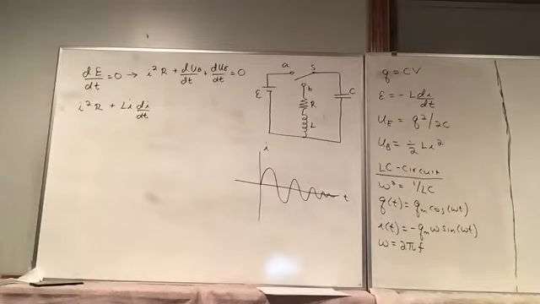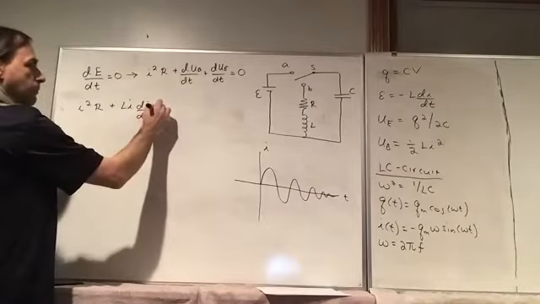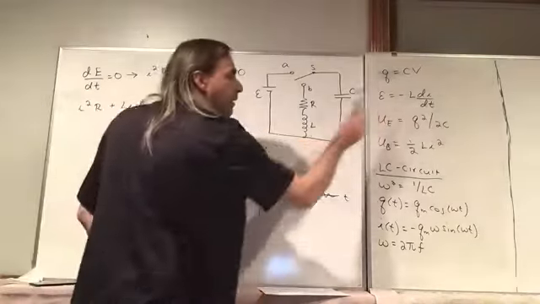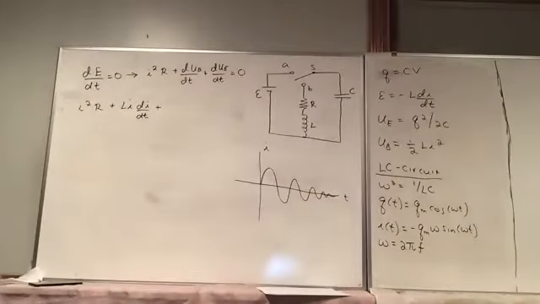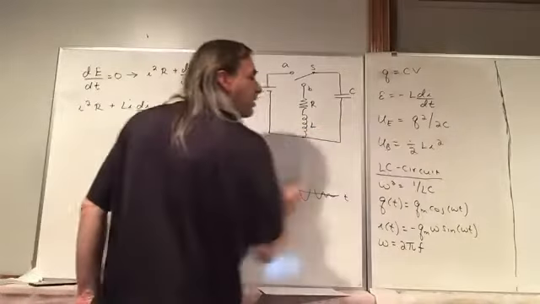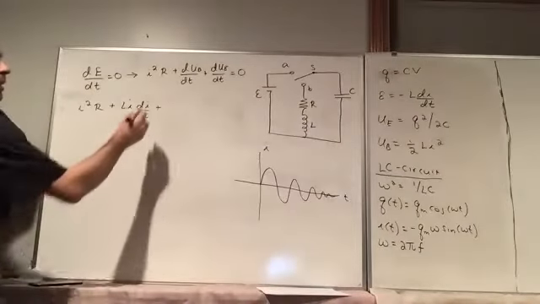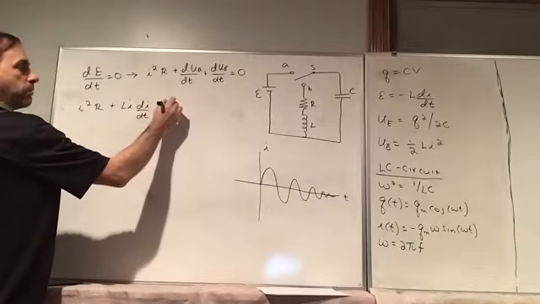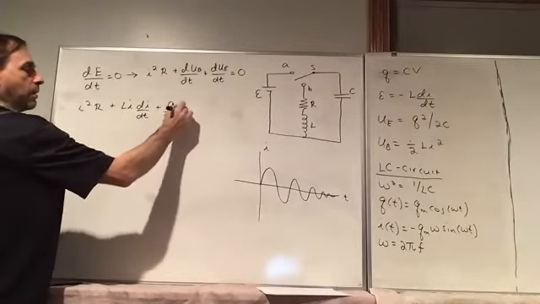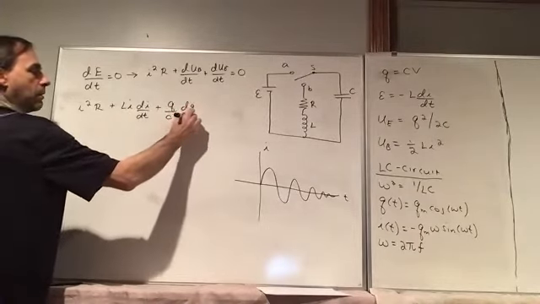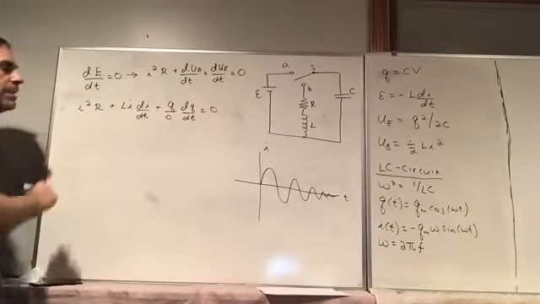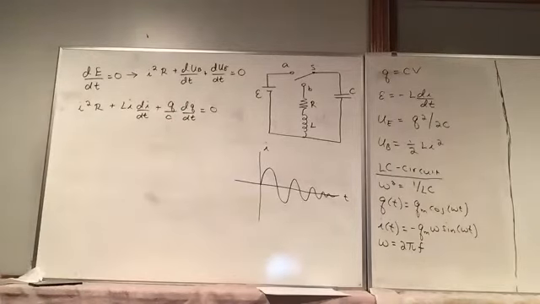And then the next term, the derivative of q squared is 2q, so the 2's will cancel out. So we have q over C times dq/dt equals 0.